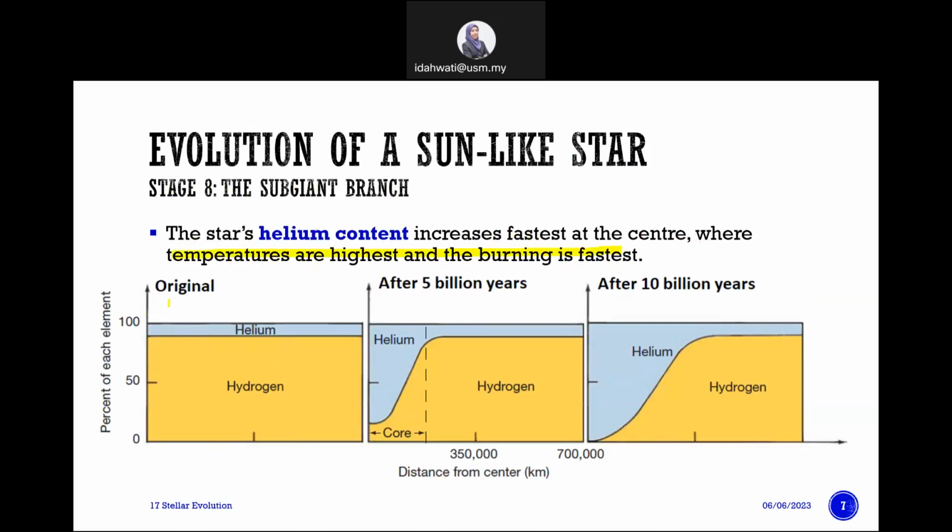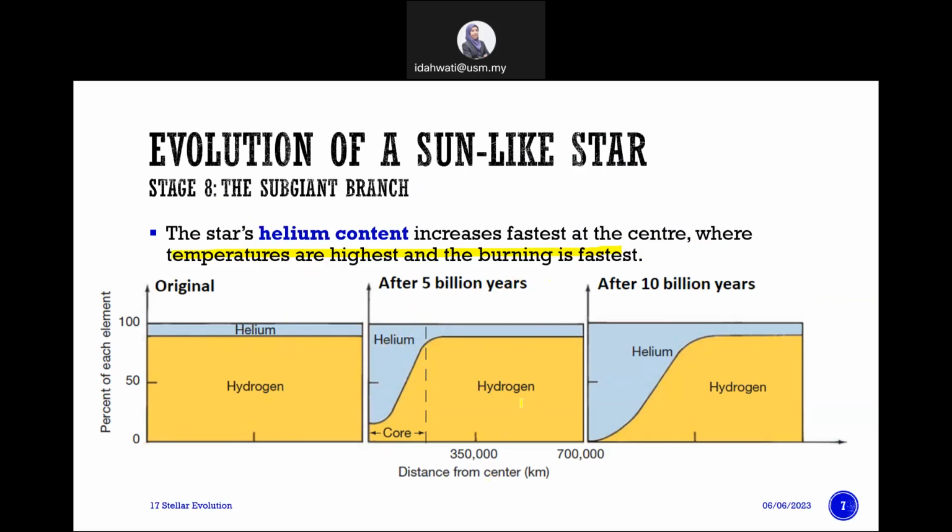So in the original condition, we have more hydrogen compared to helium. And then what happens after 5 billion years? The percentage of helium will increase, and this happens at the core.